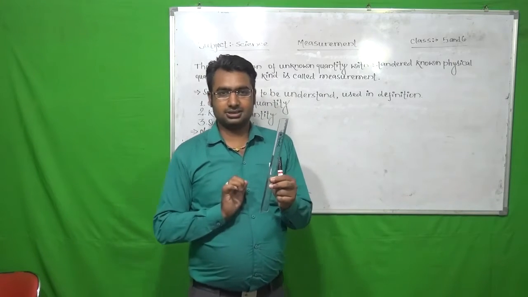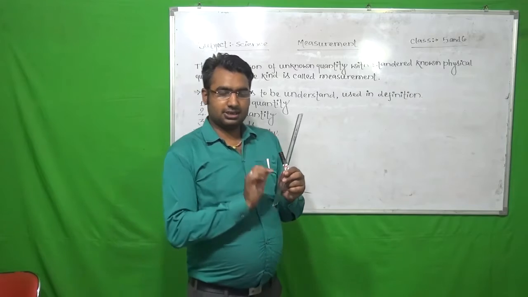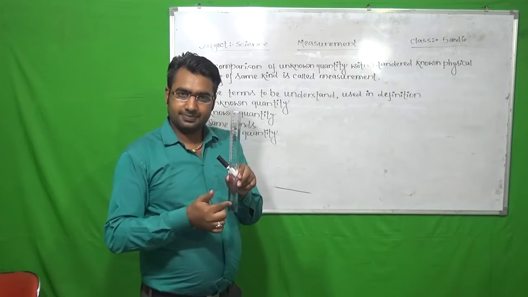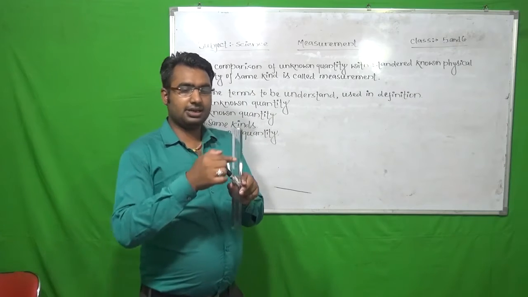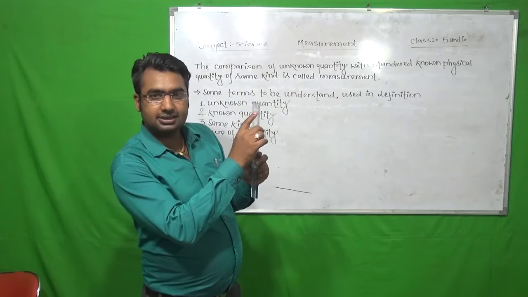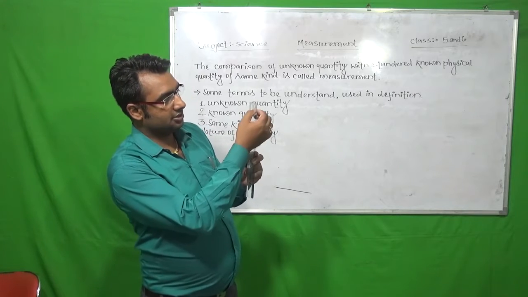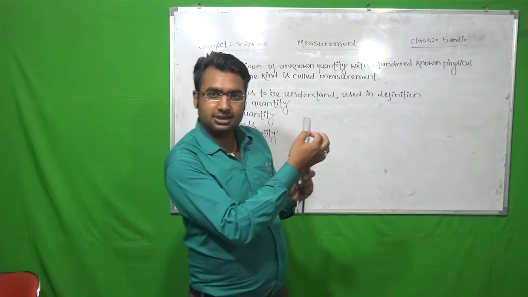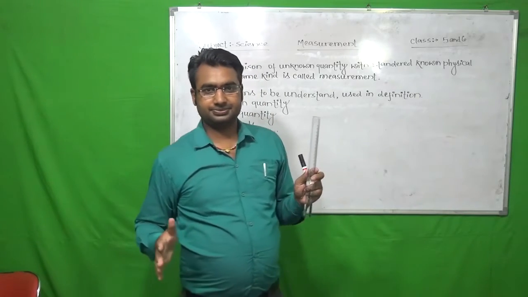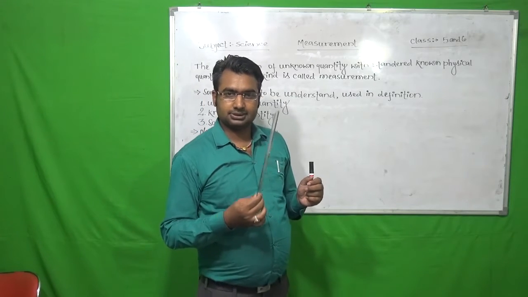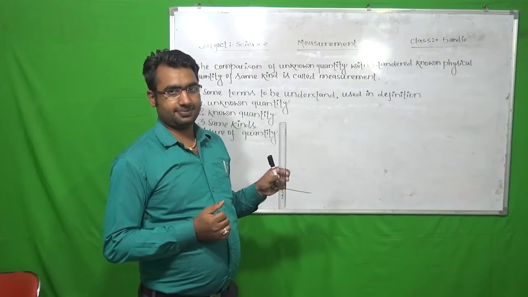It is because the ruler has a leveled scale in it. We can see the marking lines which denote 1 centimeter, 2 centimeter, 3 centimeter and onward. So we know the length of this ruler.